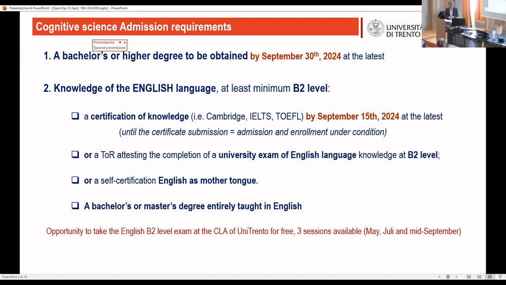The University of Trento offers this golden opportunity to students who do not have the certification yet to take the exam for free at the University Language Center in three sessions available: May, July, and September. So take care of having this certification of your English level.